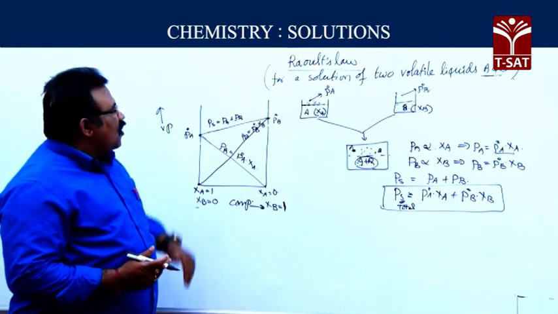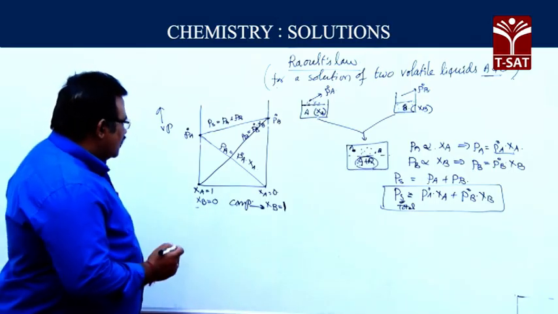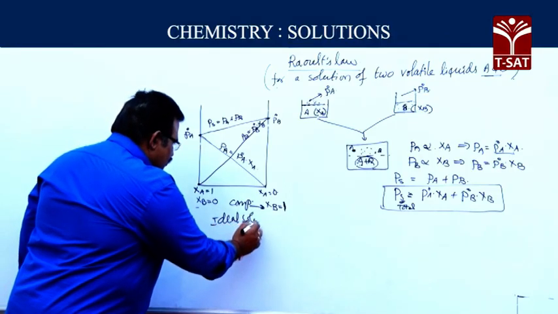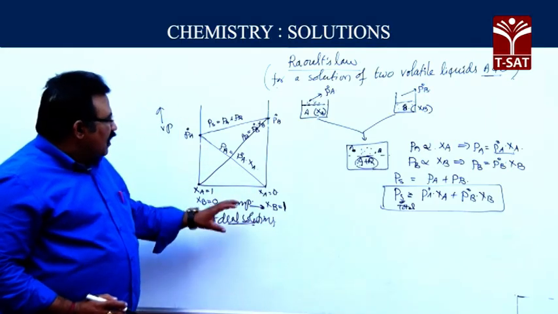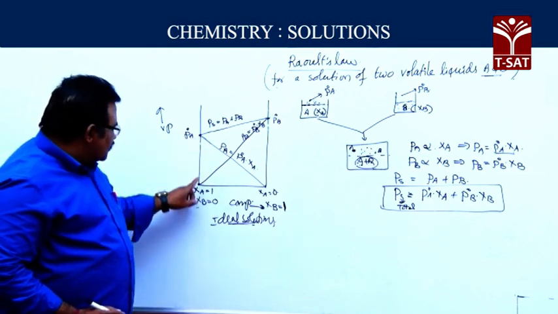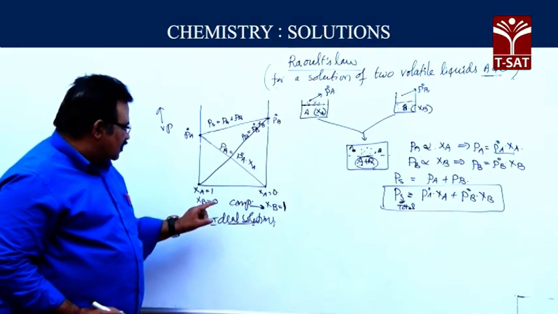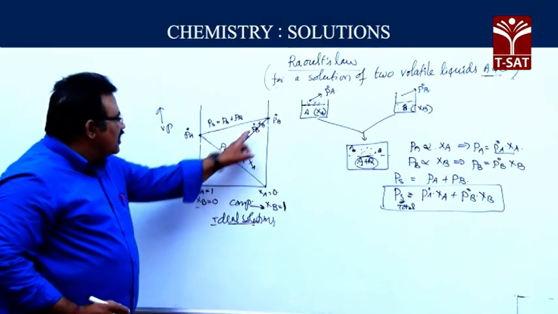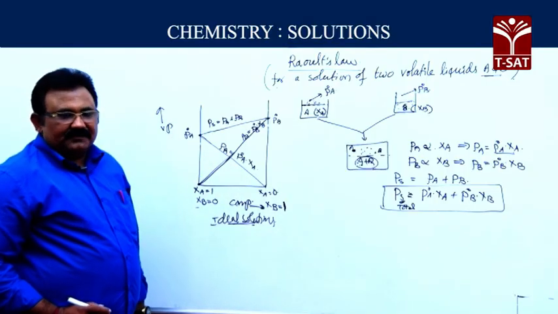Solutions that follow Raoult's law at all conditions of temperature are known as ideal solutions. Now, if you look at the graph, the vapor pressure of any component is linearly dependent on its mole fraction.